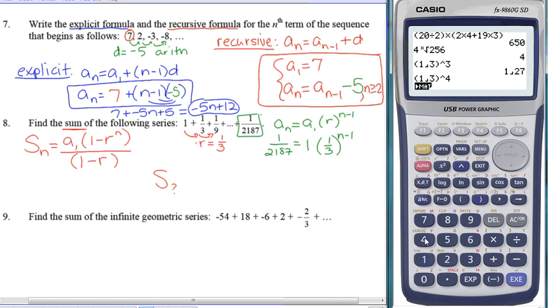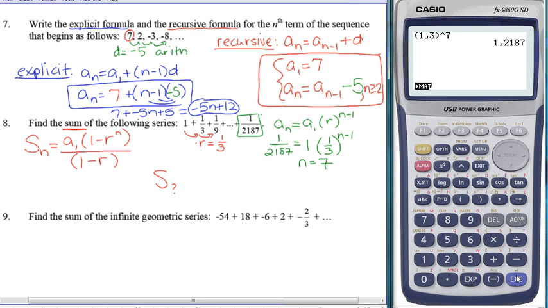I should realize that's going to give me 1 over 81, so that's not going to be big enough. Let me try a bigger one. Maybe I'll try 6. I'll jump up ahead. Okay, 6 isn't big enough. Let's try maybe to change that to a 7. I'm just sort of doing guessing and checking right here, and I can see, oh, n equals 7 in this. So I need 7 terms.